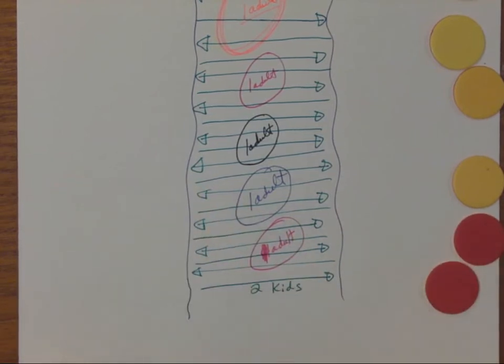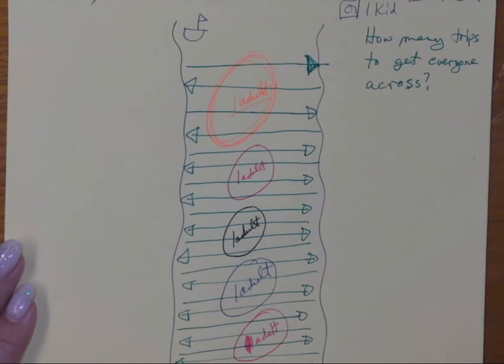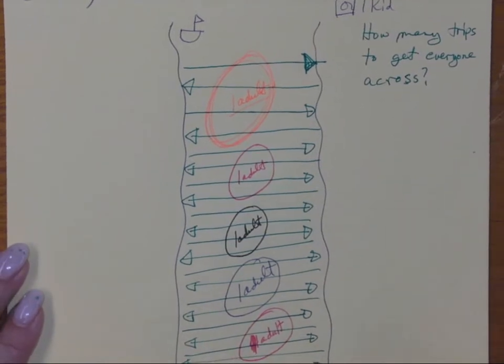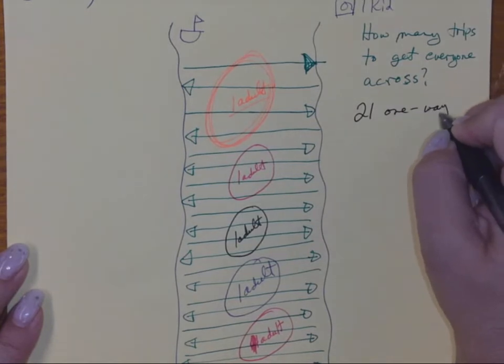So in that case, it's interesting because it only takes one-way trip to get the 2 kids over there, right? So if I count them all up, how many trips to get everyone across? It's 21 one-way trips.